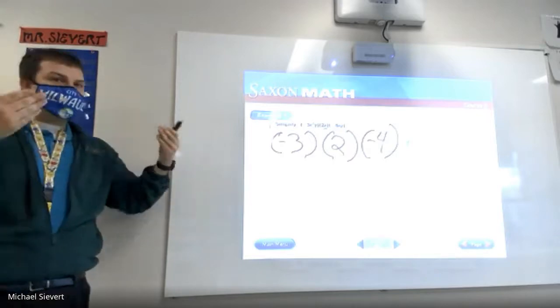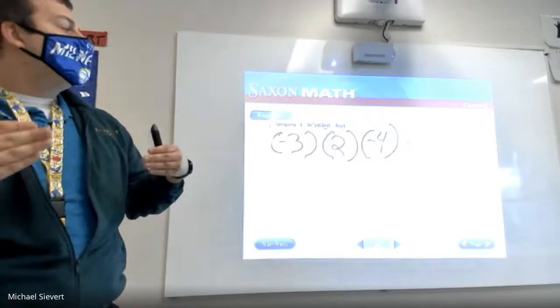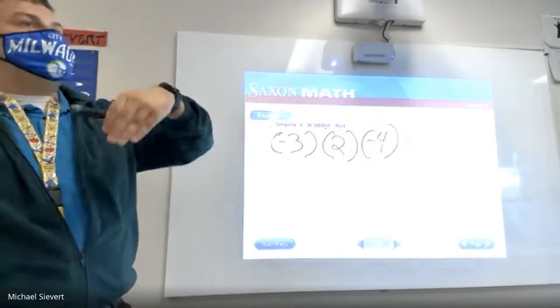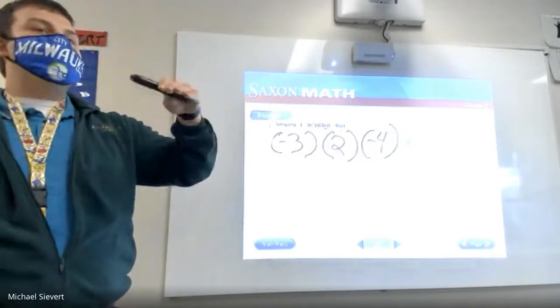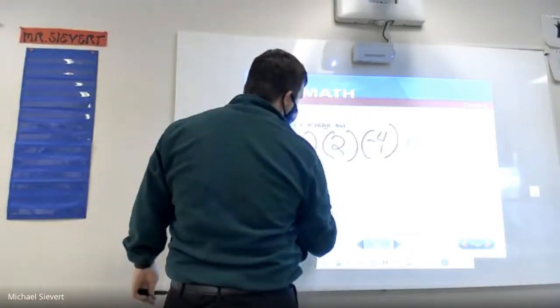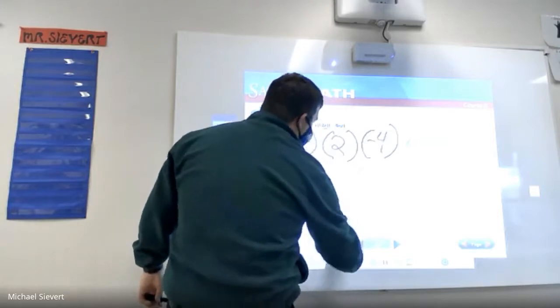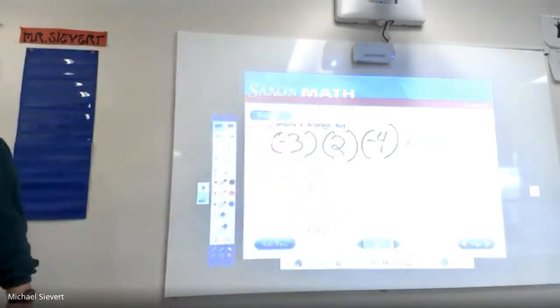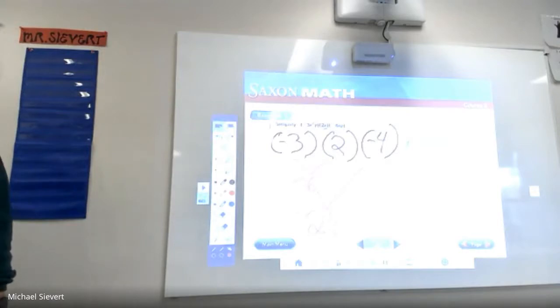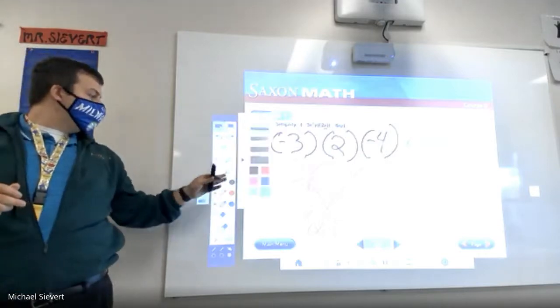Now I got negative 6 times negative 4, which equals positive 24, because a negative times a negative equals a positive. A positive times a negative is a negative. Remember, those are big, big rules that you need to always follow.